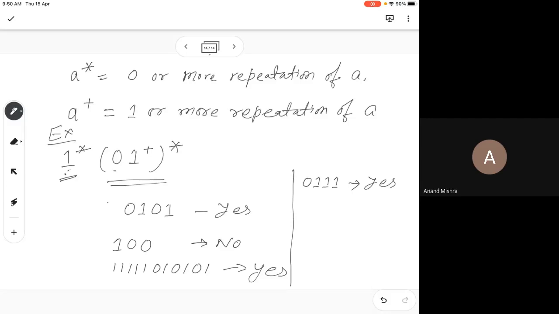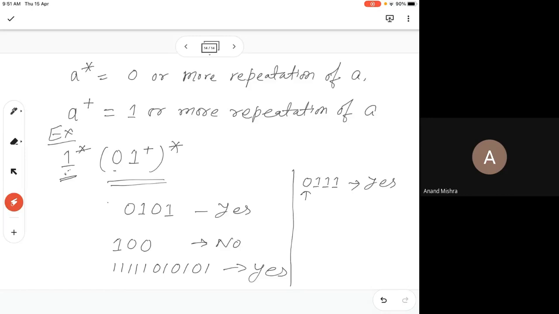Then we have 1 plus. 1 plus means one or more 1s, so this is 1, 1, 1, 1, 1, which is fine. We could have done multiple of this if we apply a star, but applying a star is up to you, how many times you apply. So this is perfectly fine.